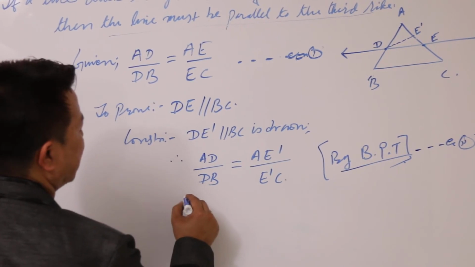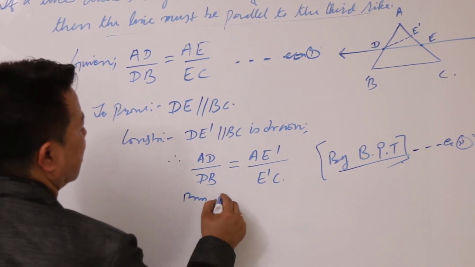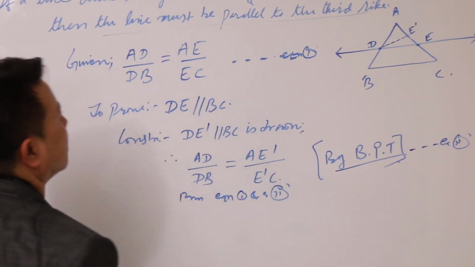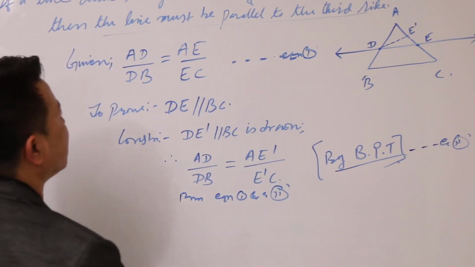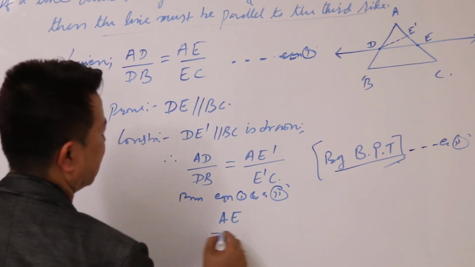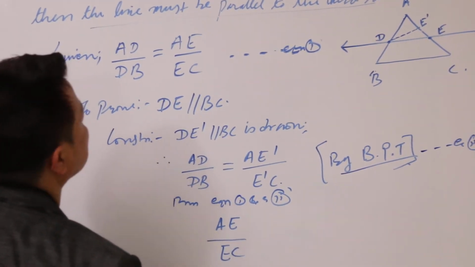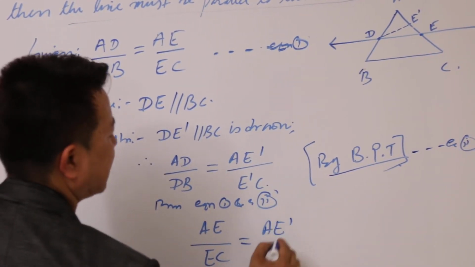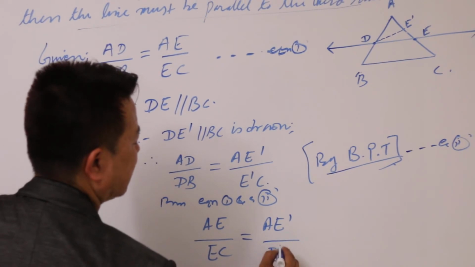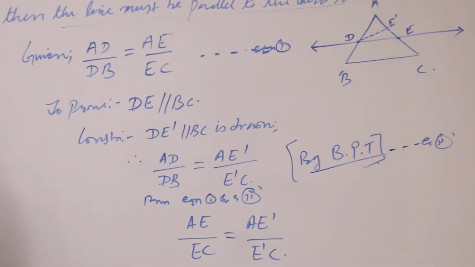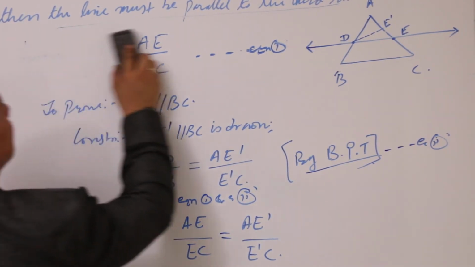So from equation 1 and equation 2, their left hand sides are equal, which means their right hand sides are also equal: AE by EC equals AE' by E'C. Now we just have to simplify it.